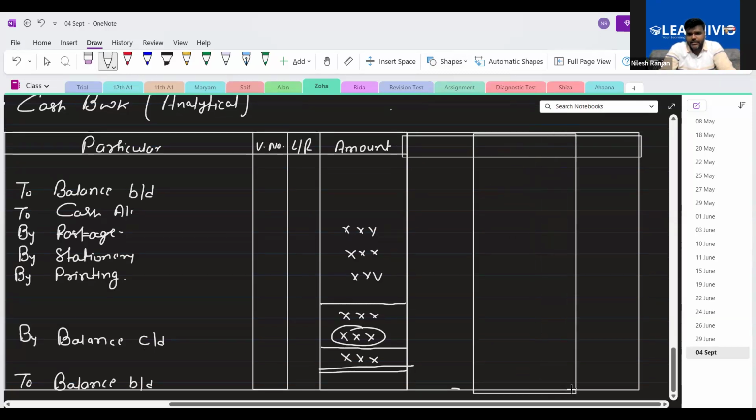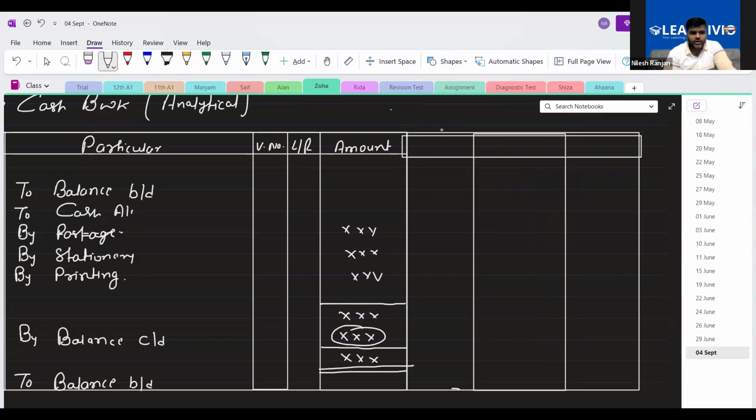So let's say there are three expenses, so I will create three separate columns: one for postage, one for stationery, and one for printing. If there are 10 expenses, then we will create 10 columns like this. And this postage is here, so it will be written here in postage, stationery in front of this, then printing in front of this.